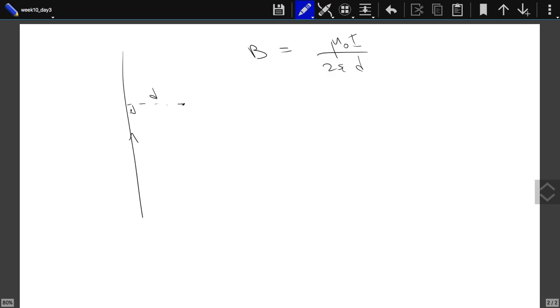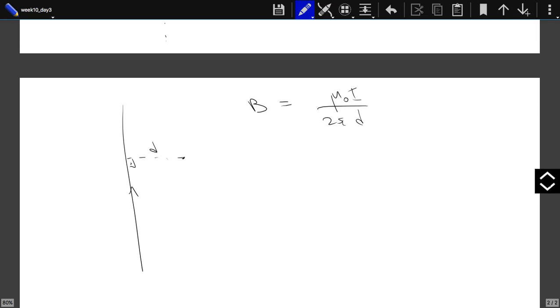What is 2 pi d? Well, if d is that distance over there, what is 2 pi d? Forget about that B. The circumference of that loop.